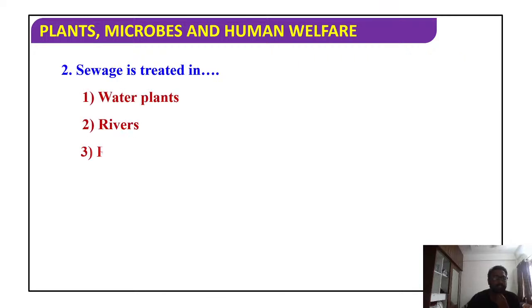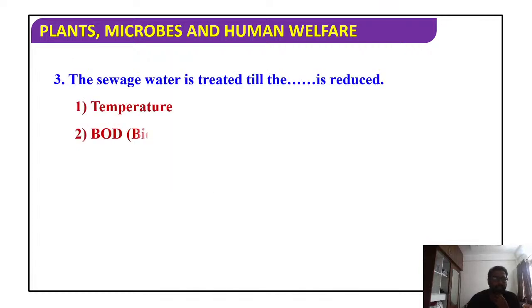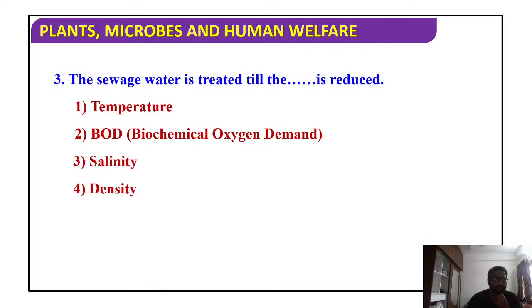Second question, sewage is treated in. Very good. Super. Sewage treatment plants. Third question, the sewage water is treated till dash is reduced: temperature, BOD, salinity or density. What is the answer? BOD. Super.